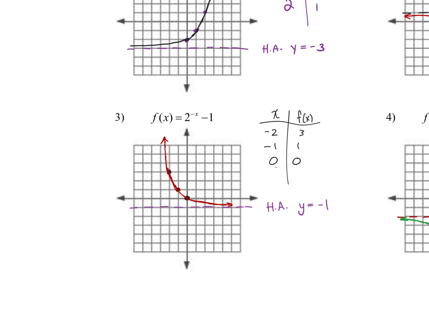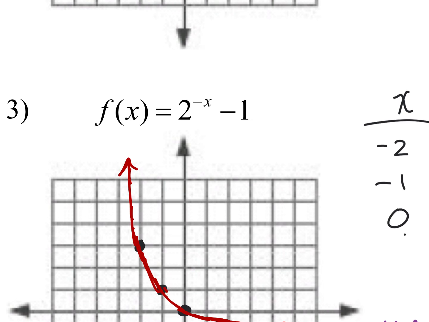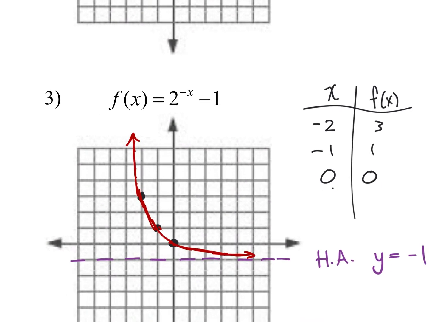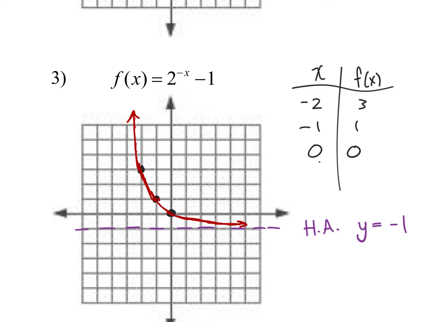So on number 3, as I said before we went to break there, we wanted to create points that allowed us to use exponents that were nice and easy to work with, 0, 1, and 2. Now in this case, our exponent is negative. So in order to accomplish that, I plugged in values for x as negative 2, negative 1, and 0.